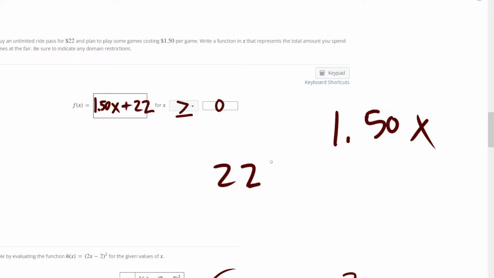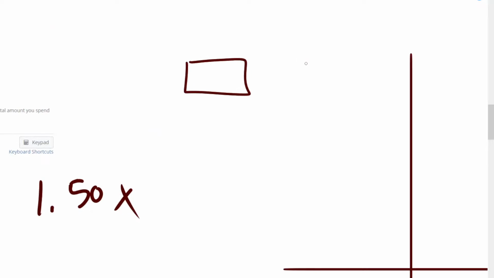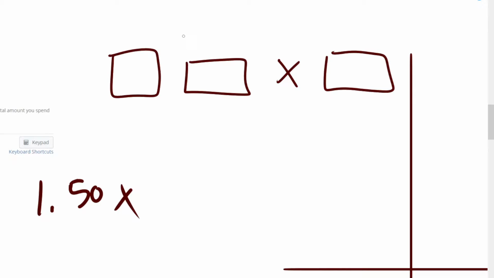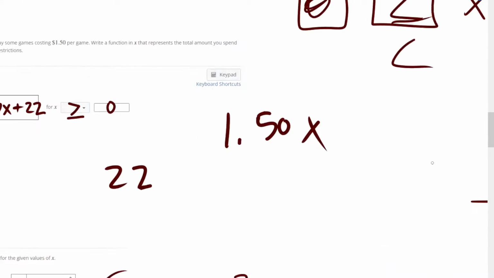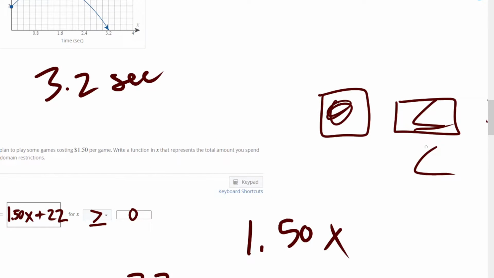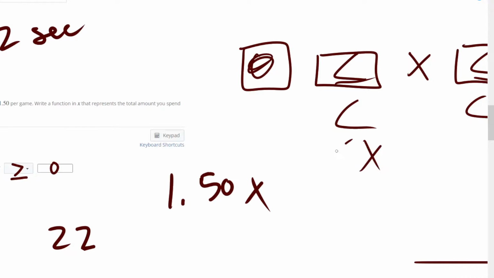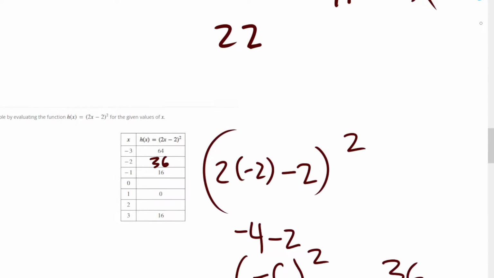So if you have a problem that has a condition on x, you basically put in your value here. X has to be greater than or equal to, or maybe just greater than, or less than or equal to, or just less than, and then a value. I don't know what it would be in this specific example. We know that x has to be greater than or equal to 0 though.